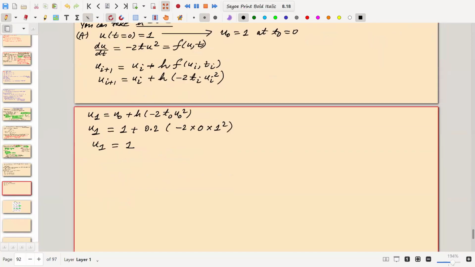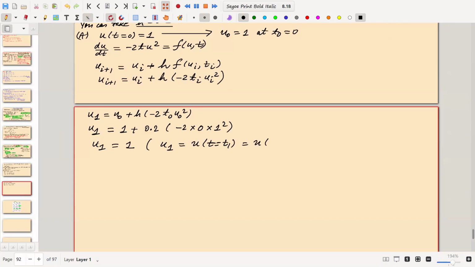Similarly, u1 is equal to u at t equals t1.